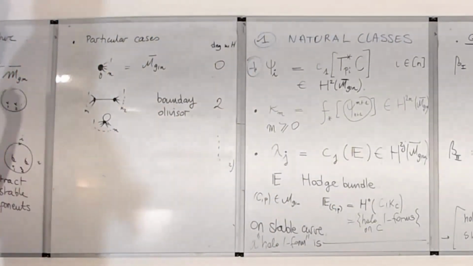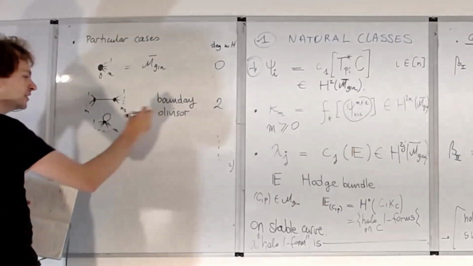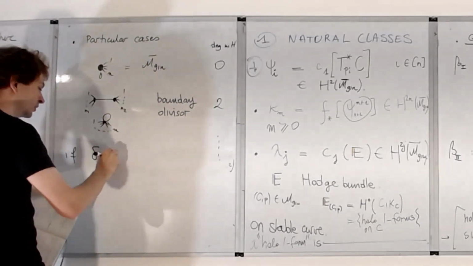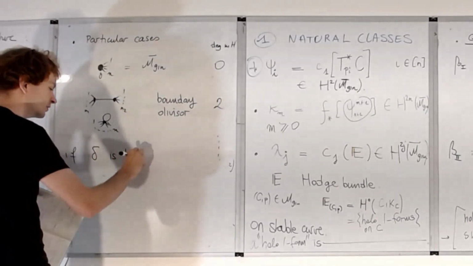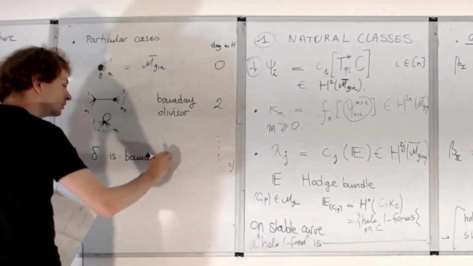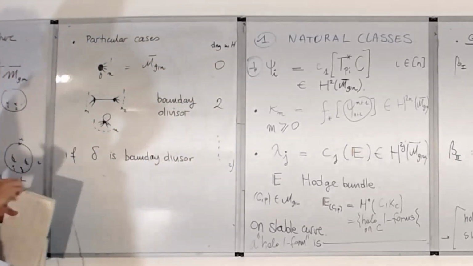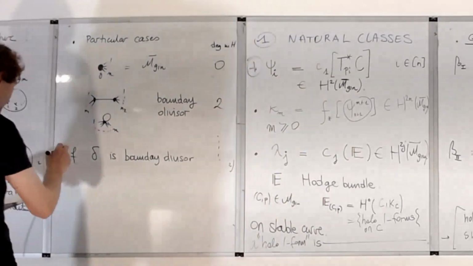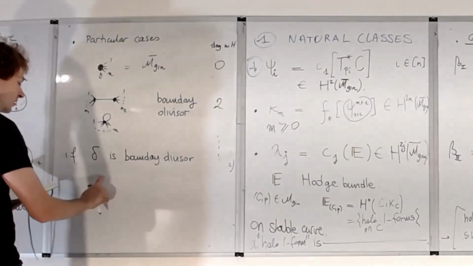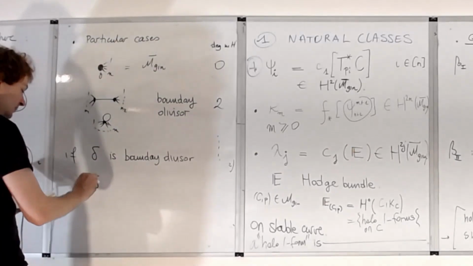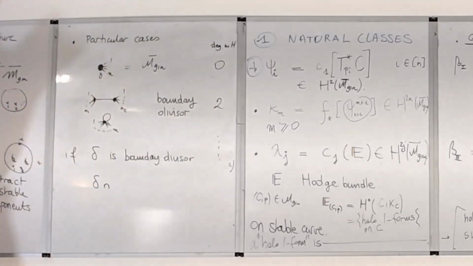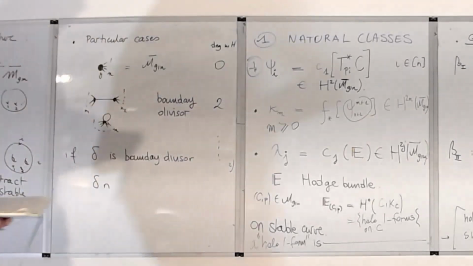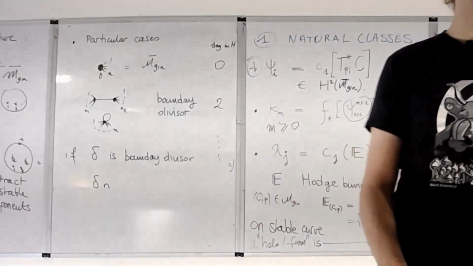And there's one thing I want to say. If you have a boundary divisor, I call it delta, a boundary divisor. That's another basic fact from geometry which I'm not going to justify, but Dimitri Zvonkine does it very well: when you intersect these homology classes, they do have self-intersection. If you remember, what does it mean really to intersect homology classes?